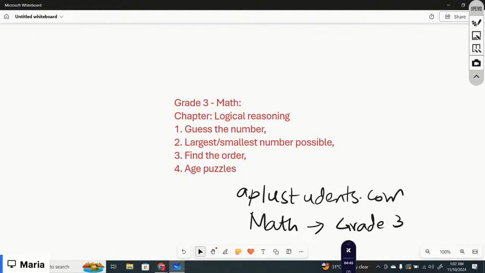There you can find a list of the chapters. We're going to start with the chapter logical reasoning. The lessons we're going to cover today are guess the largest/smallest number possible, find the order, and age puzzles.